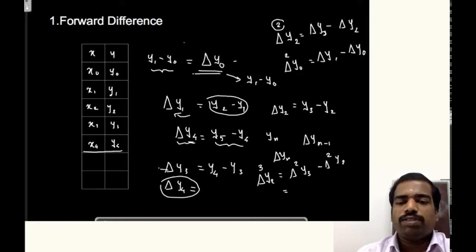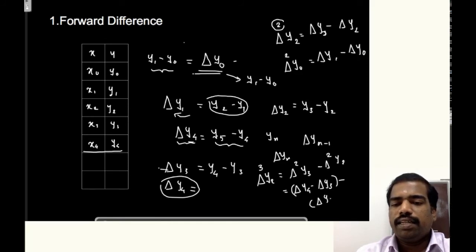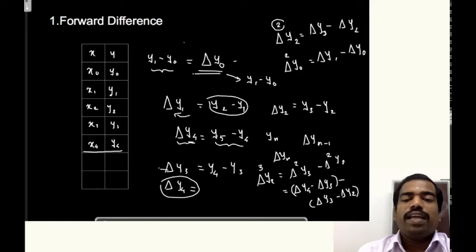How will you find it? Delta square y3 is nothing but delta y4 minus delta y3, and delta square y2 is delta y3 minus delta y2. In this way, we can find delta cube y2.